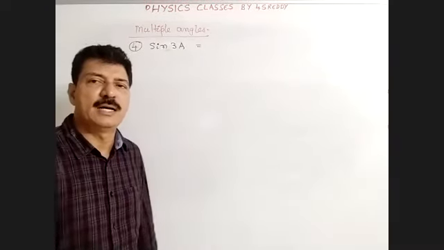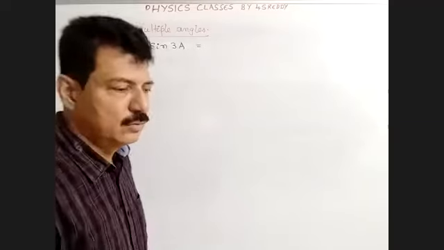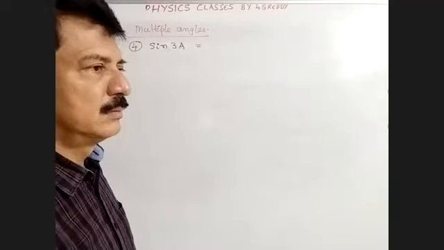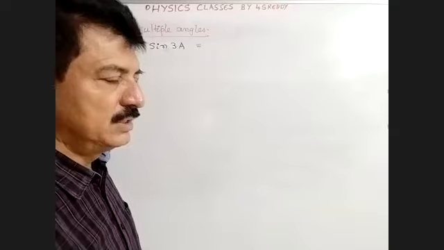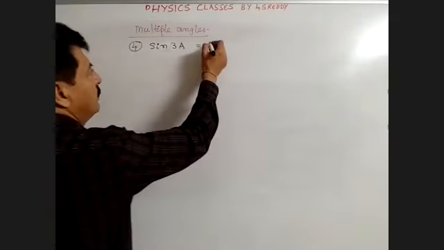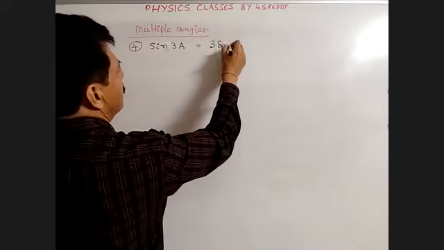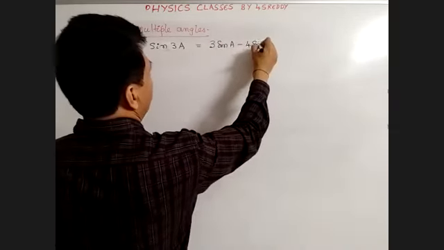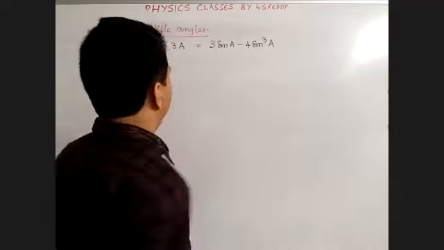Can anybody give me the answer? Shanmugni? 3 sin A minus 4 sin cube A, sir. Who? Tell me the name. Meghna, sir. Okay, 3 sin A minus 4 sin cube A.